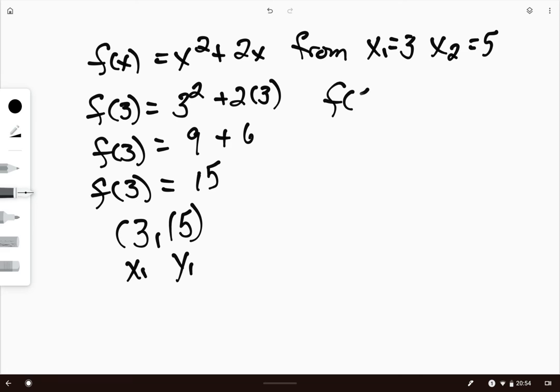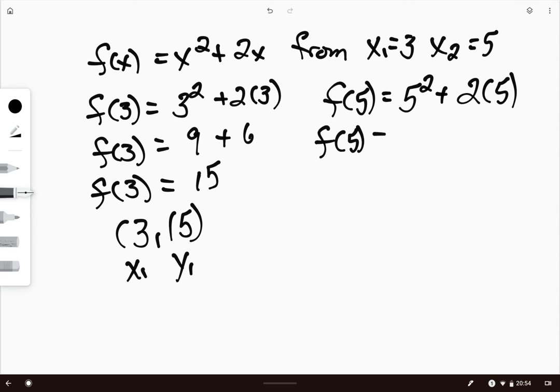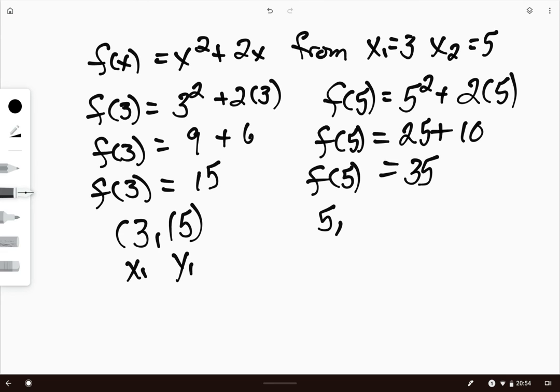Now the f of 5 is going to be 5 squared plus 2 times 5. So the f of 5 is going to be 25 plus 10. So the f of 5 is 35, which means I have 5 and 35 as my ordered pair. And along with that, there's my x2 and my y2.